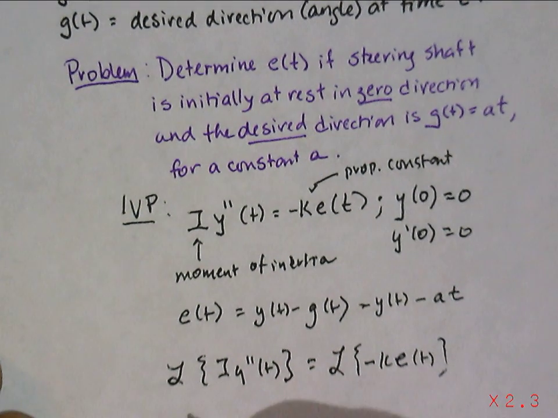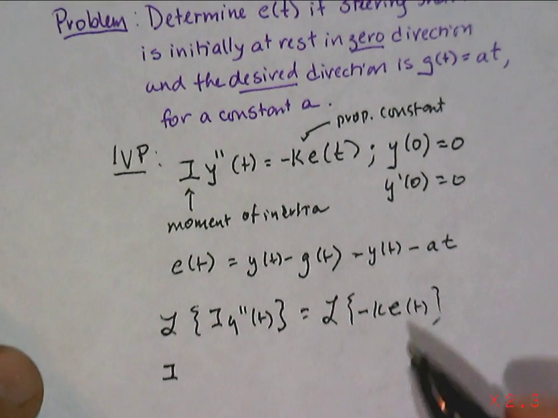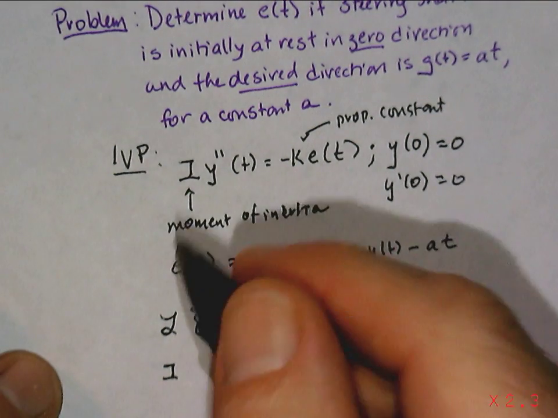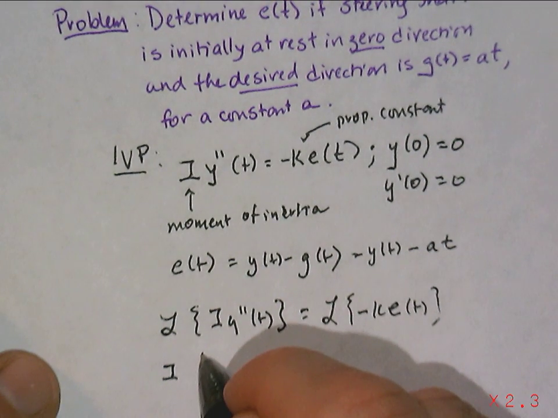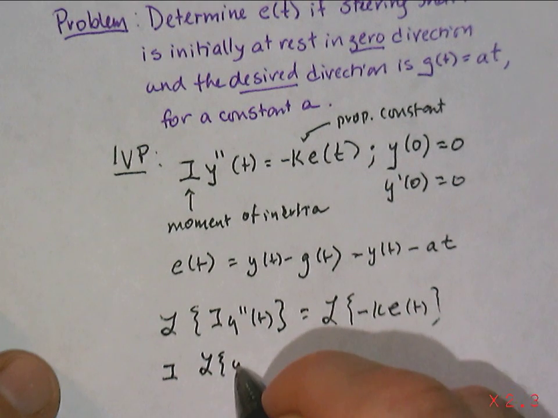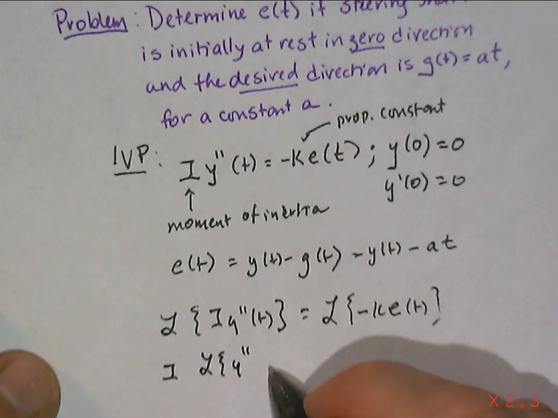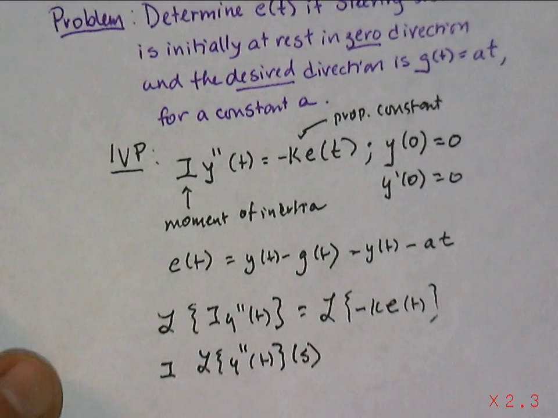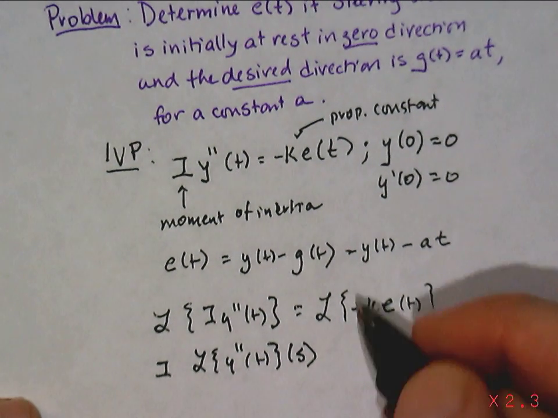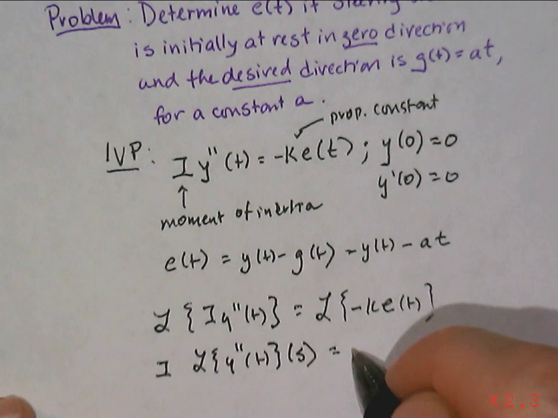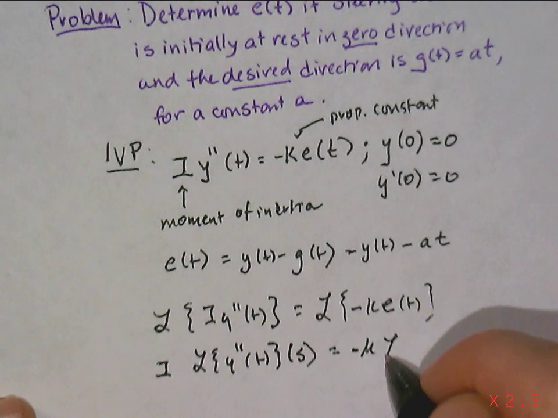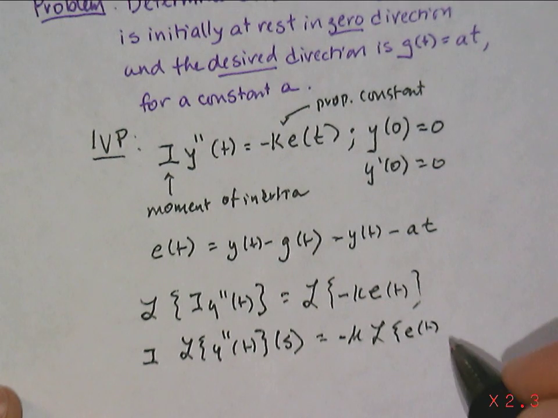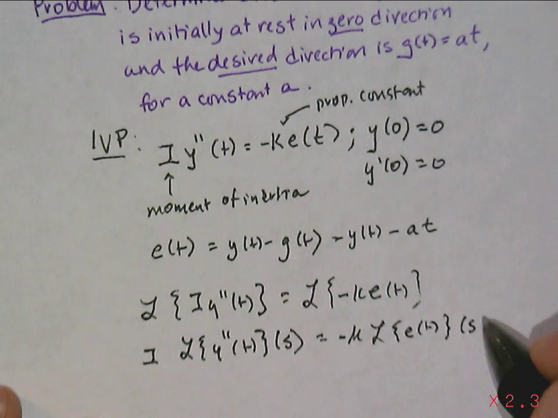So what that could mean is we could pull the I out, and we know that the Laplace transform is a linear operator, so we can write this as I times the Laplace transform of the second derivative of y of t, which is a function of s, so take notice that we are switching to the s domain. And this will be equal to minus k times the Laplace transform of our e of t, our deviation function, which of course is also a function of s.